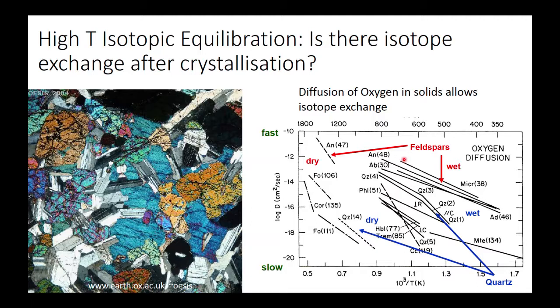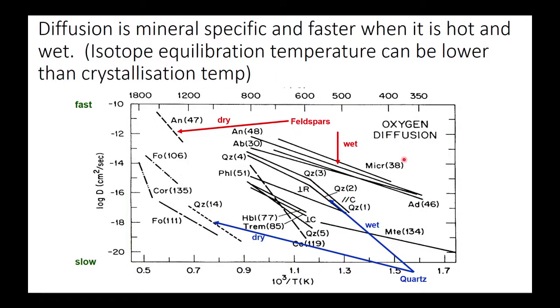So the relevance for this is that if the diffusion is fast enough once the crystal has formed, then if you measure the isotopes in two different mineral phases and work out the paleotemperature from that, that won't tell you the temperature that it crystallized at. That'll just tell you the temperature at which the isotopes were able to exchange. So it's basically just telling you a cooling temperature for that mineral, which is kind of useless because that will be the same for every mineral.